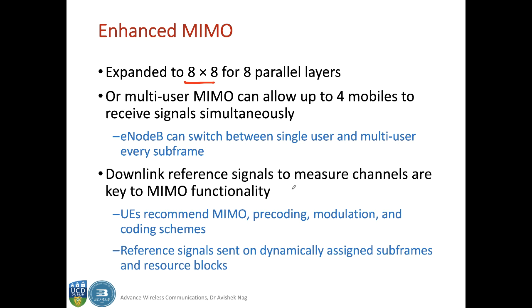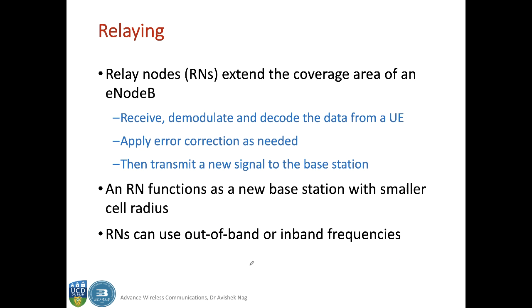The downlink reference signals to measure channels are key to MIMO functionality. So the UEs recommend MIMO pre-coding, modulation and coding schemes, and the reference signals are sent on dynamically assigned subframes and resource blocks.